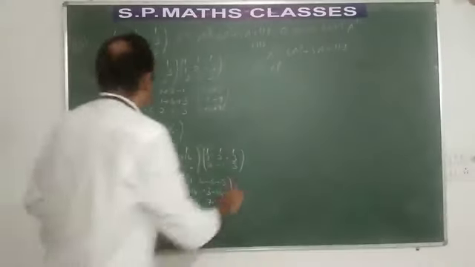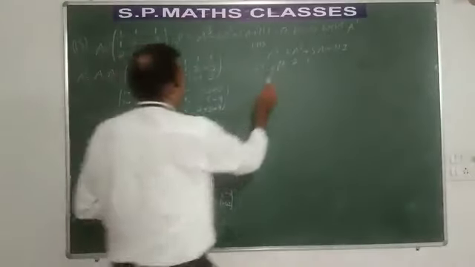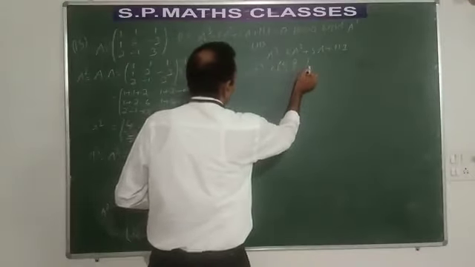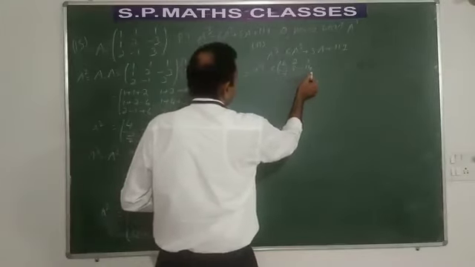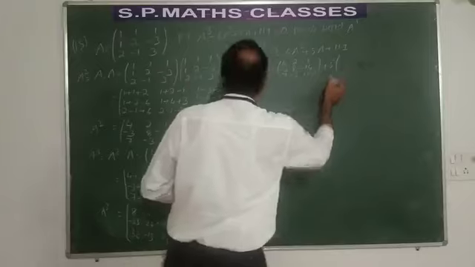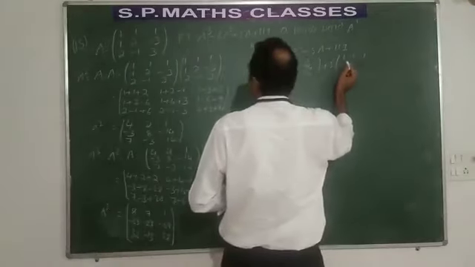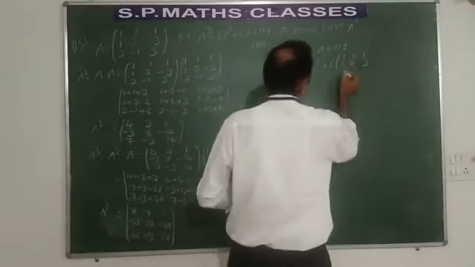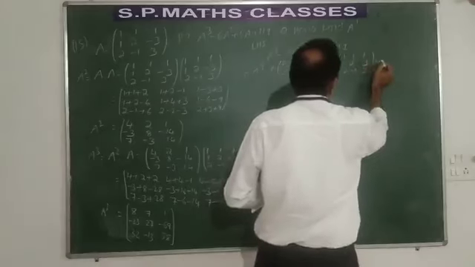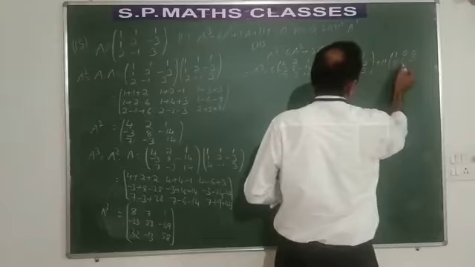What is that? 4 2 1, minus 3 8 minus 14, 7 minus 3 14, plus 5 into A. A is 1 1 1, 1 2 minus 3, 2 minus 1 3, plus 11 into I, 1 0 0, 0 1 0, 0 0 1.